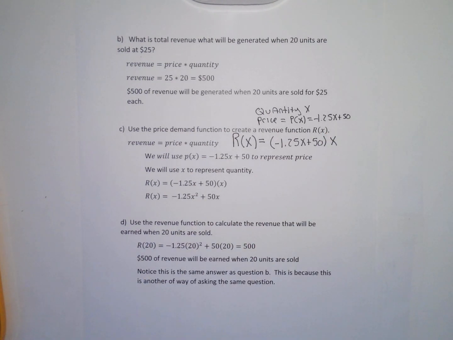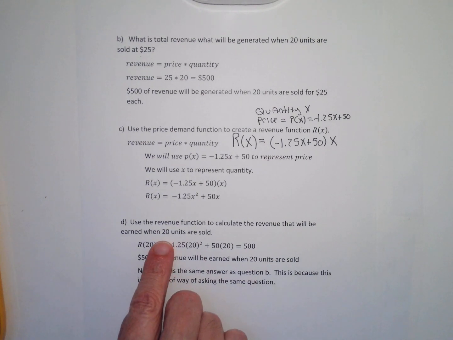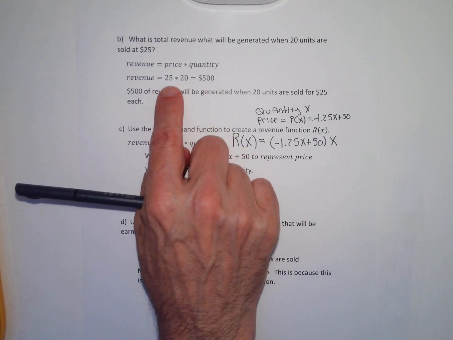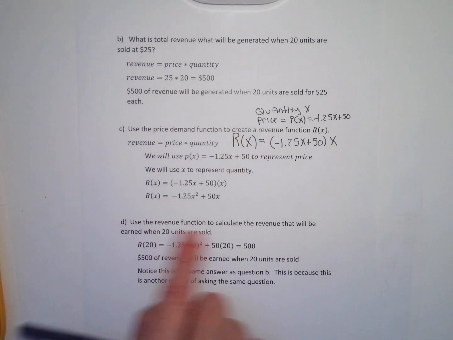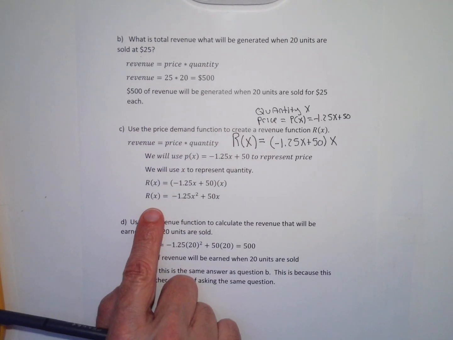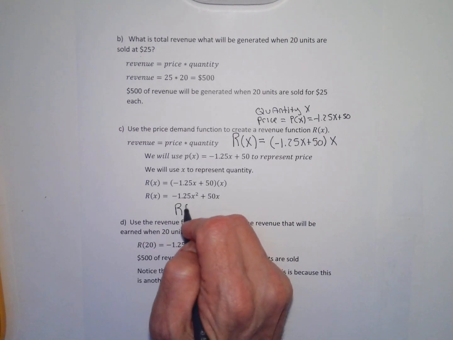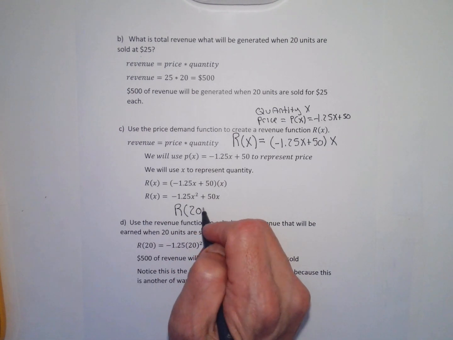Well, look what I could do with the revenue function. I could plug a number into the revenue function and get the total revenue from selling that many units. I already know that if I sell 20 units, I'm going to get $500 in revenue, because to sell 20 units, the price has to be $25. Here, I can do this computation directly. If I take a number and plug it into the revenue function, that number represents the number of units of the product.